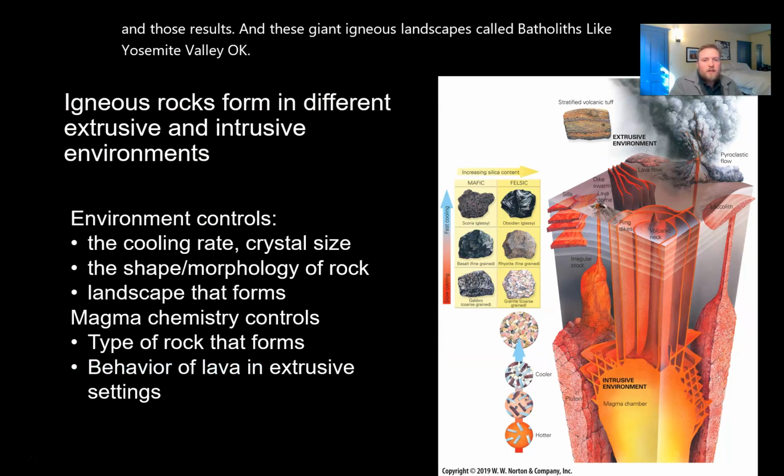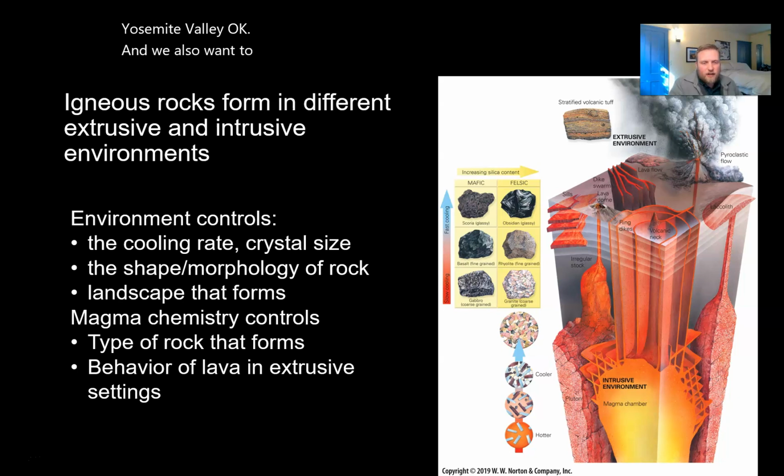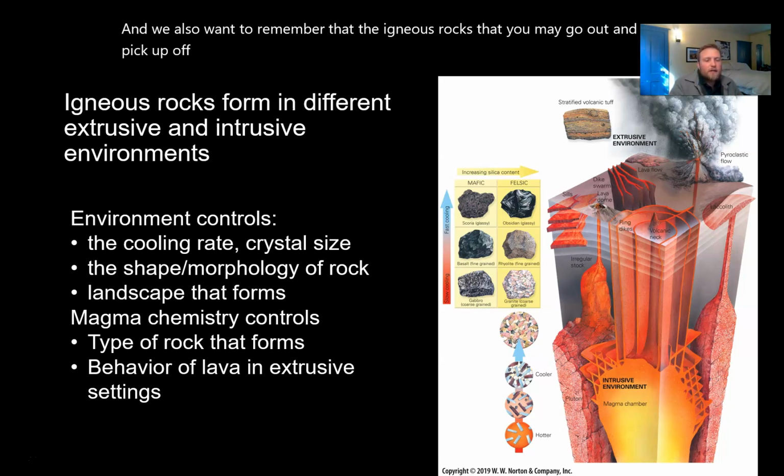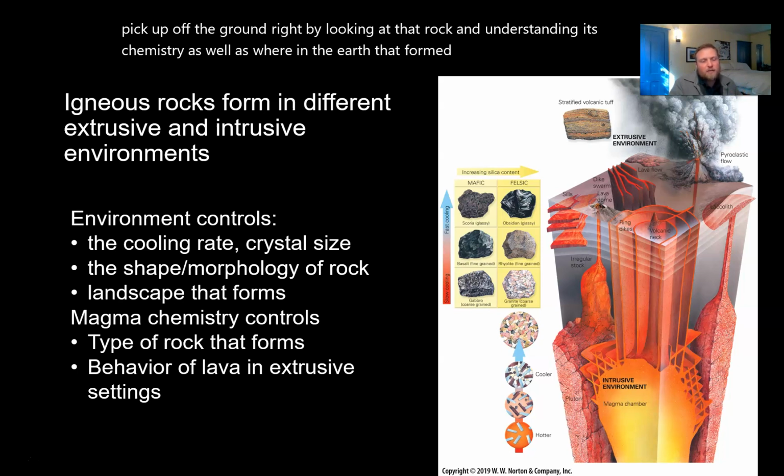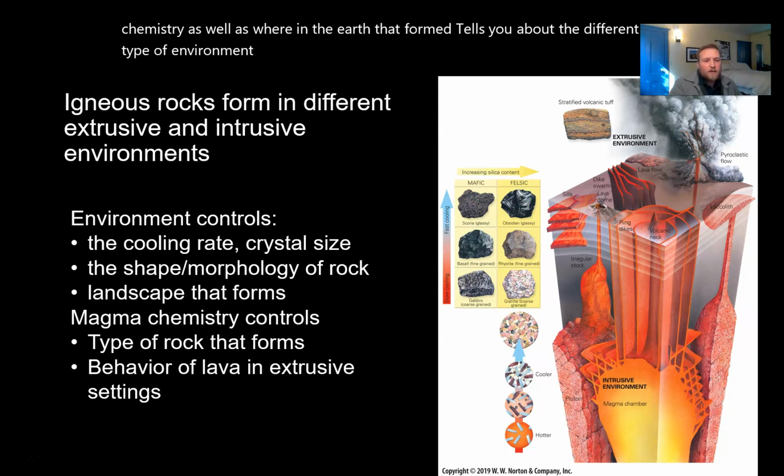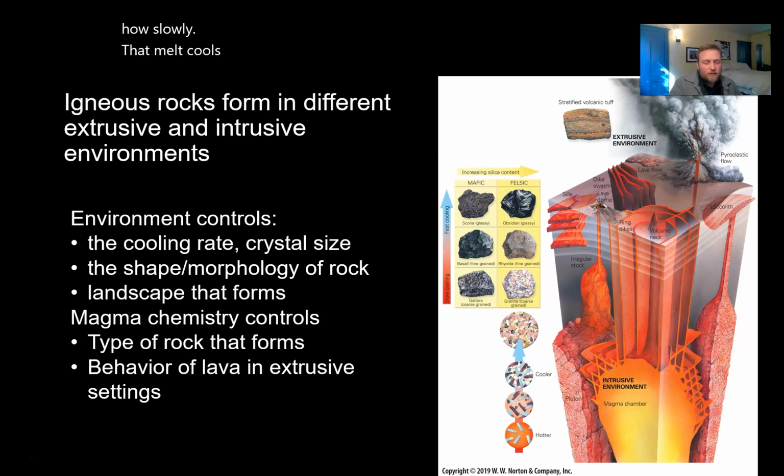And we also want to remember that for the igneous rocks that you may go out and pick up off the ground, looking at that rock and understanding its chemistry as well as where in the earth it formed tells you about the different type of environment that was present there. The environment in which these igneous melts cool into rocks controls how quickly or how slowly that melt cools, which governs how large the crystals are, right?